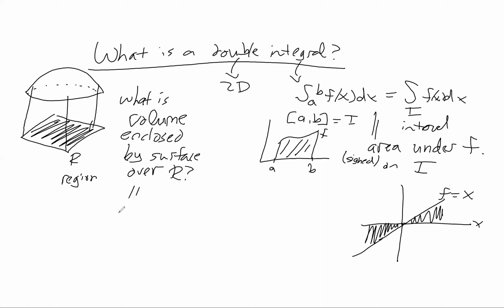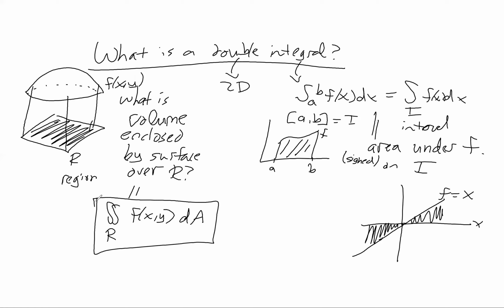This is actually just going to be the definition of the double integral. If this surface is given by f of x, y, then this volume will just be the definition of the double integral. And it's actually the signed volume.